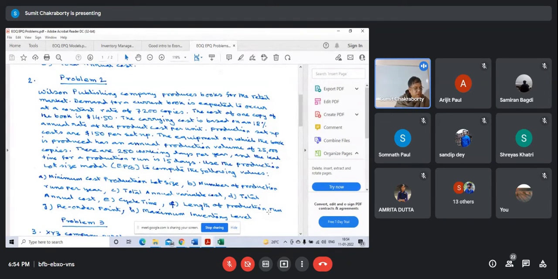So Q star equals square root of 2DS divided by 1 minus d by p, times CPC.